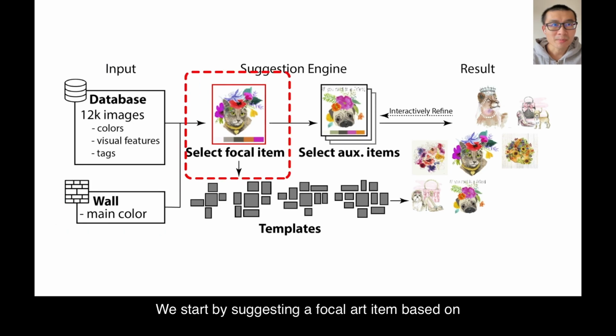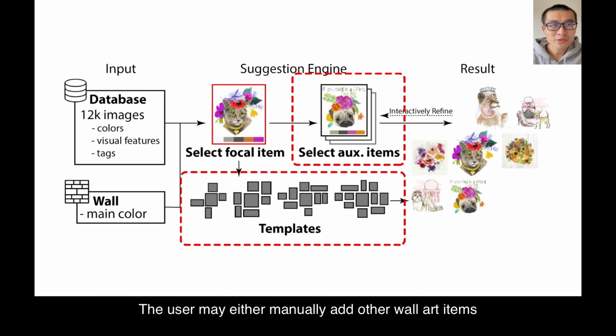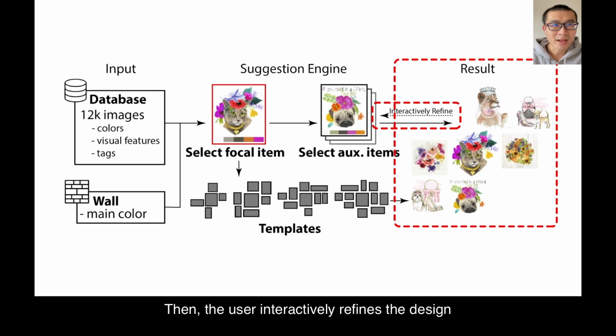We start by suggesting a focal art item based on its color compatibility with the wall color. The user may either manually add other wall art items or apply a template to automatically generate an initial design. Then, the user interactively refines the design with the help of our suggestion engine.